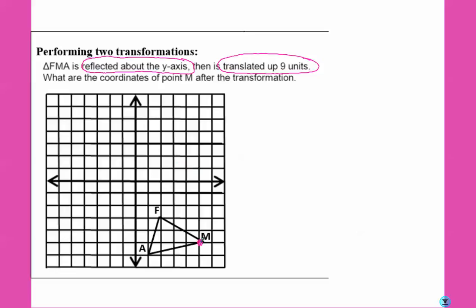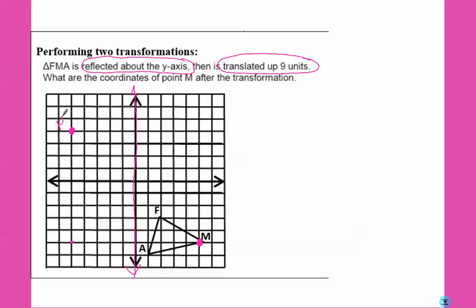So right here, if we reflect over the y-axis, remember this is our y-axis, M is 1, 2, 3, 4, 5 spaces away, so we're going to go 5 spaces on the other side. 1, 2, 3, 4, 5, and then from there we need to go up 9. 1, 2, 3, 4, 5, 6, 7, 8, 9.